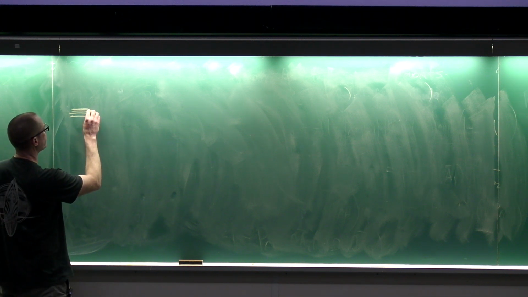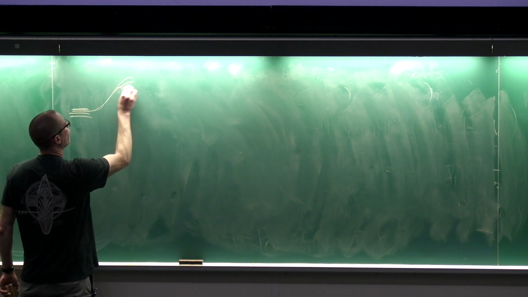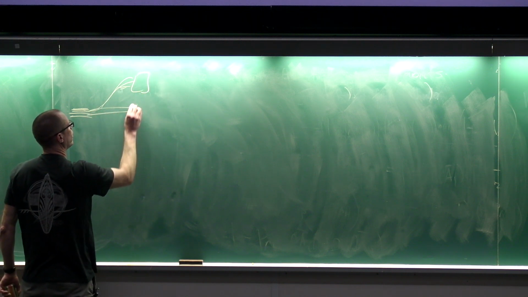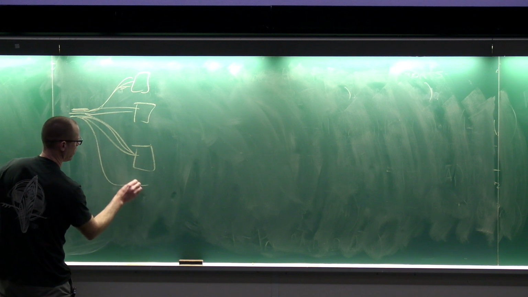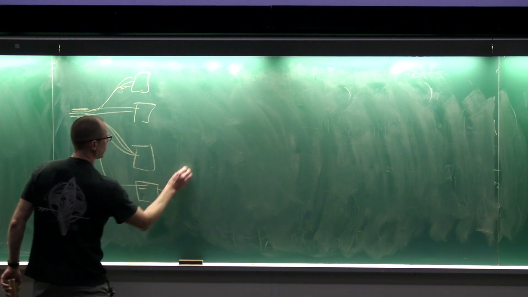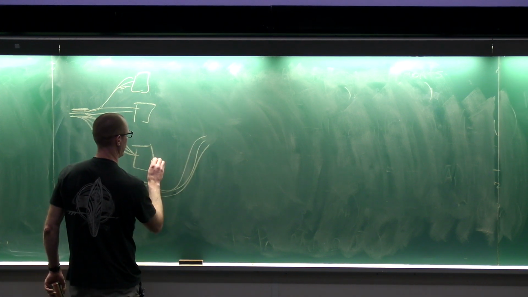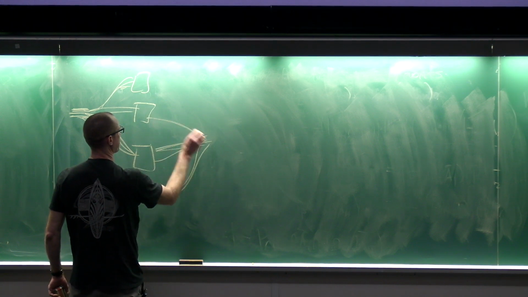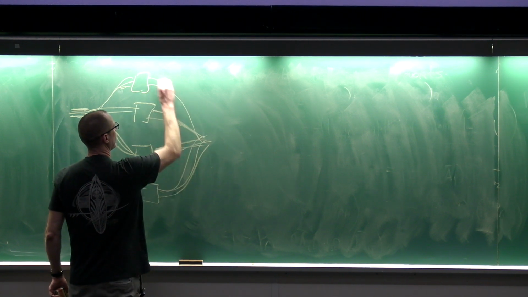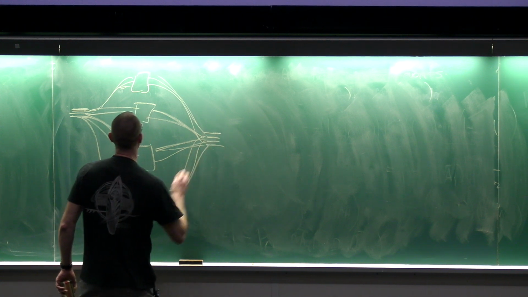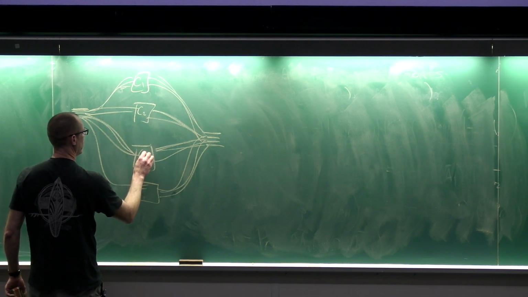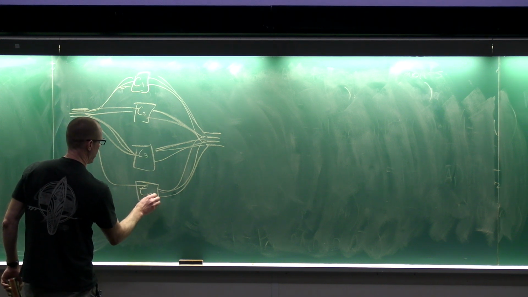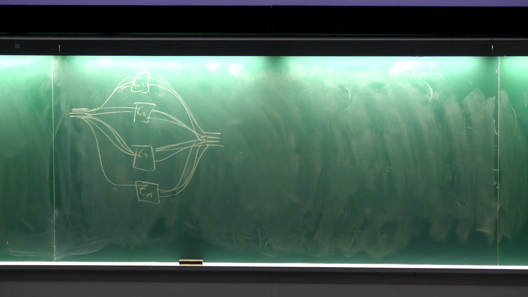So the general picture of that is what we call a parallel circuit. You have a bunch of inputs. They all get split off into these circuits C1, C2, C3, all the way up to some number Cn.